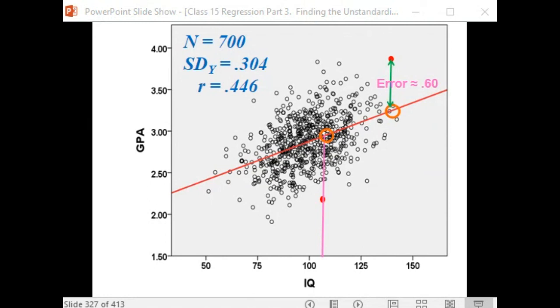We can't tell exactly, but about. And what's this student's predicted GPA approximately? Well, it's hard to say, but the student's predicted GPA, if we look at the regression line, is about 2.90. It's where that round circle is, right? On the line.